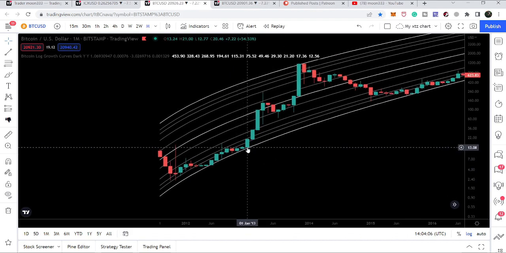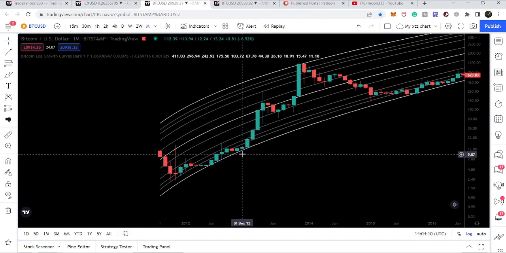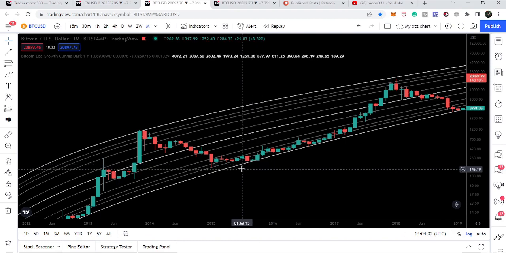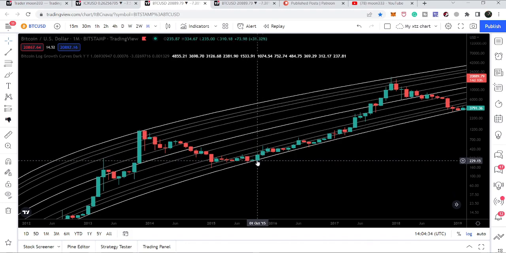Once again, we tested the support here in January 2013. We never come back to this low, and we tested the support here. We tested the support here as well, and you can see the low of this monthly candlestick was $198, and the next candlestick also tested the bottom and set a low of $223, and we never come back to these two lows.